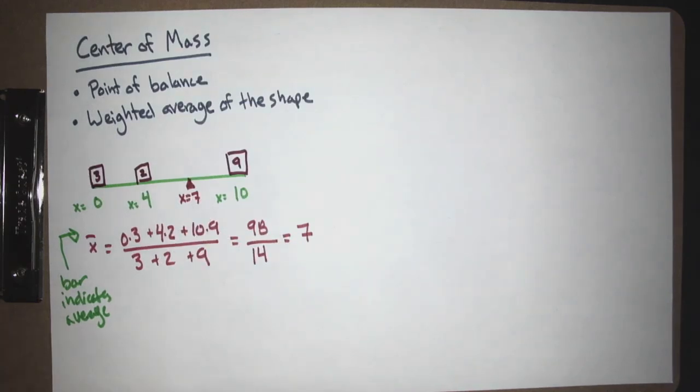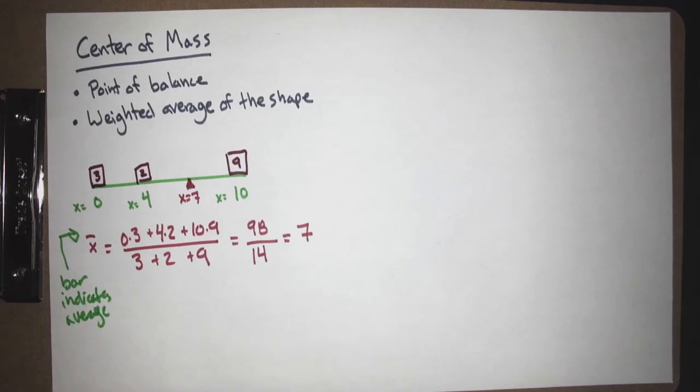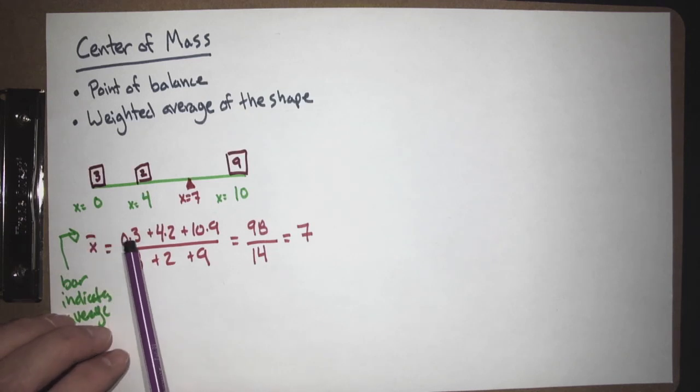Not at 5, halfway between the 2 extremes, but more towards the larger weight, because the larger weight gets more votes. It gets to dictate what's going on. Now for us, we want to do the same thing. What's going on upstairs is we're adding up locations times masses.